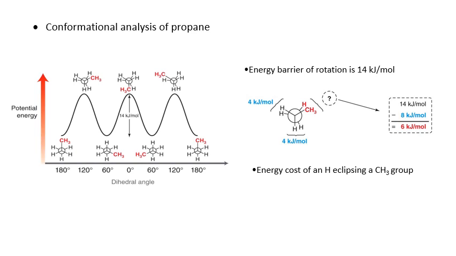Now we're going to look at propane, C3H8. So propane, we can look at it like this. We have our CH3, our hydrogen, hydrogen. Let's call this a CH3, call this a CH3.